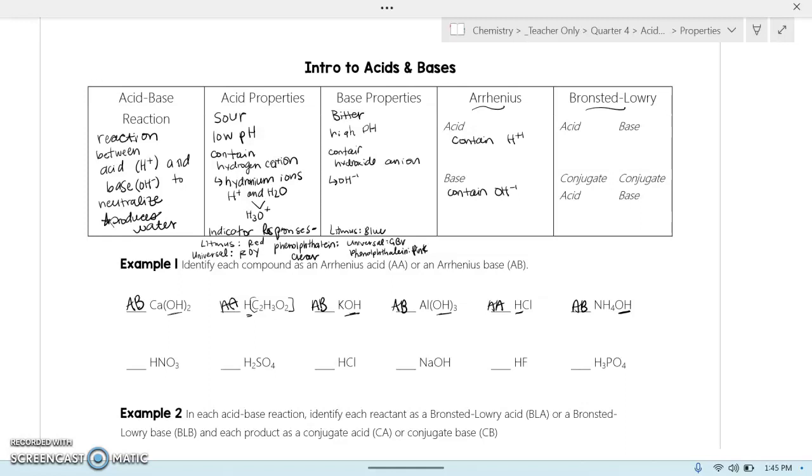So this one's a little bit more of a broader definition. Our acid is still going to have that H, so we call this an H donor. That fits the same definition as Arrhenius, it's just worded differently. It can only donate if it has H. And then the base is an H acceptor.